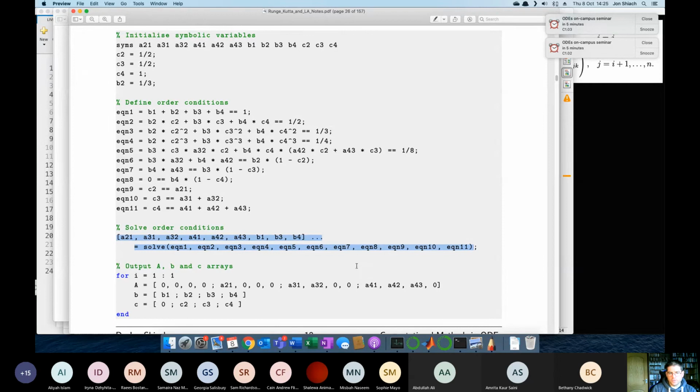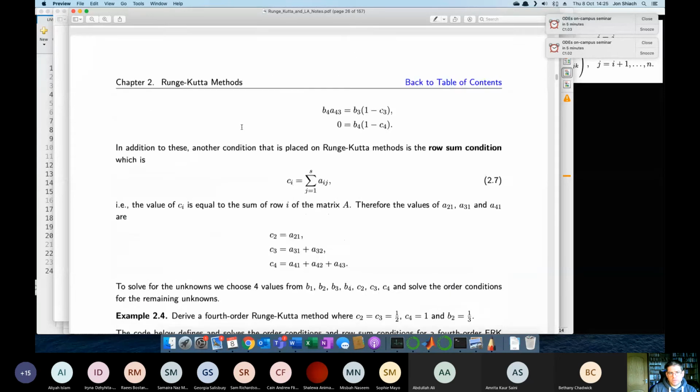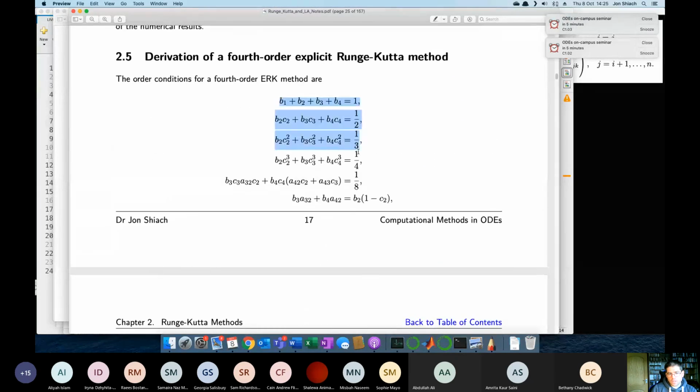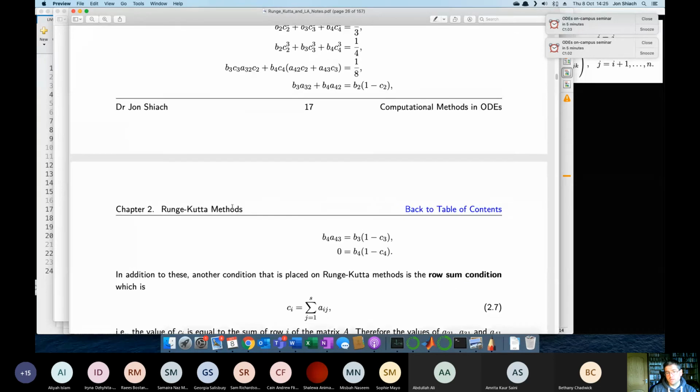But for the b values, as you can see there, we have 4 order conditions. Now, how many b values are you given, and how many b values do you need to solve for? So you can split the problem up. You could just solve for the b values because you're given the c values. Once you've got the b values, then you can solve for the others.